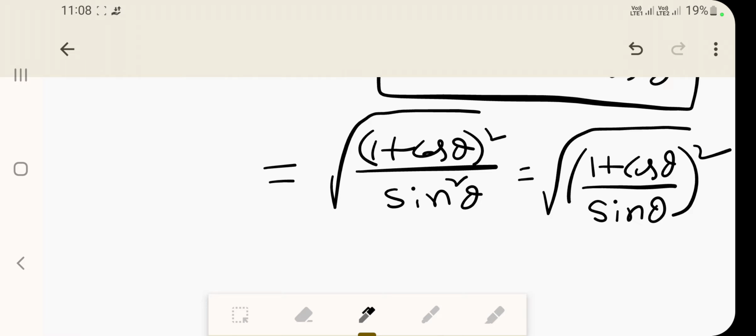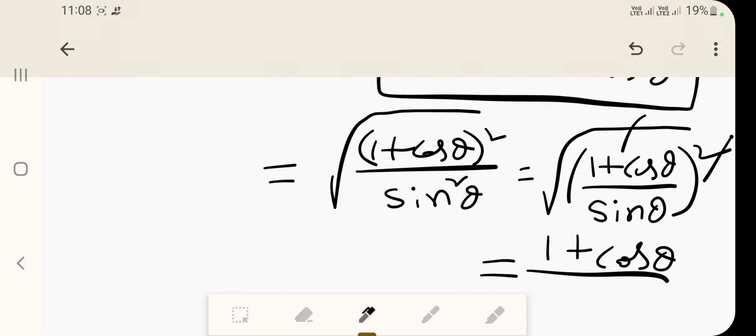Now this square and square root will get cancelled. We get 1 plus cos theta divided by sin theta.